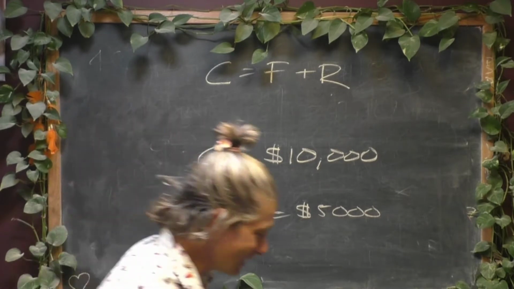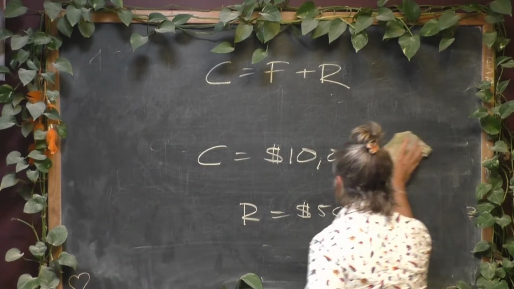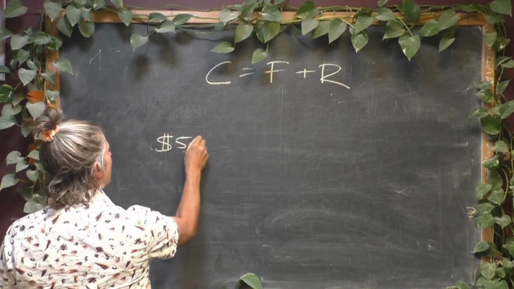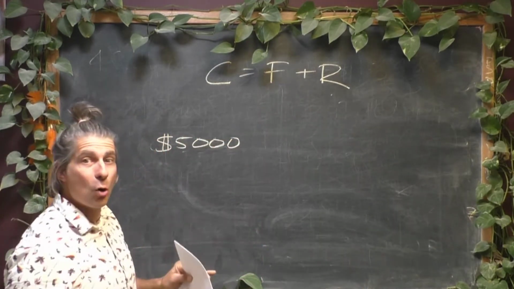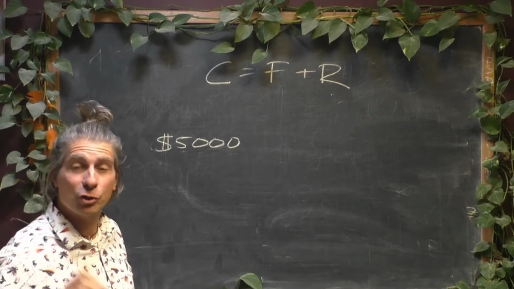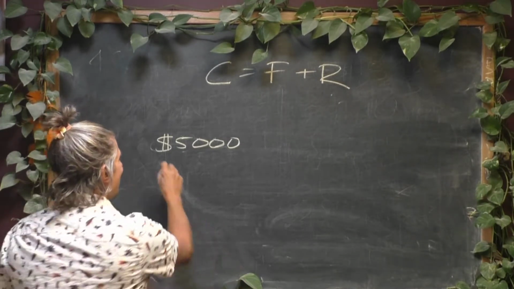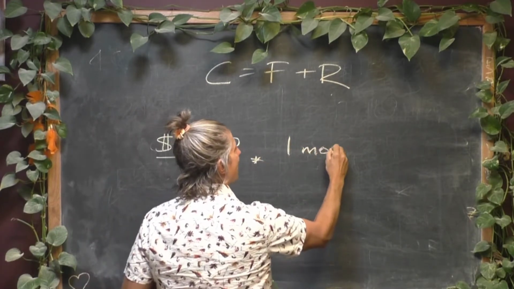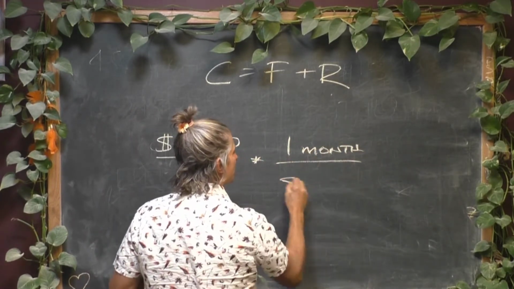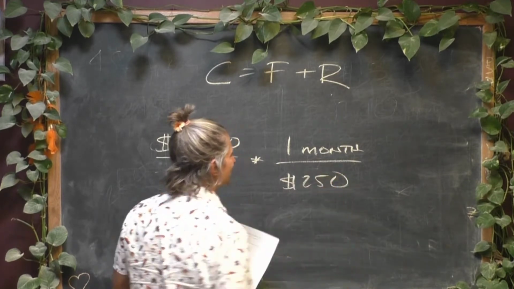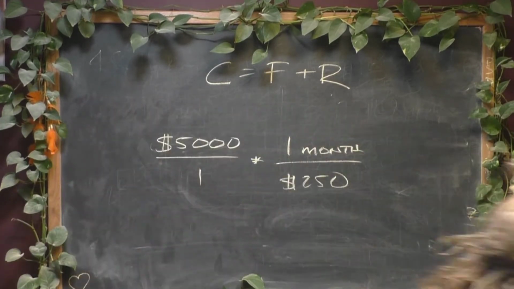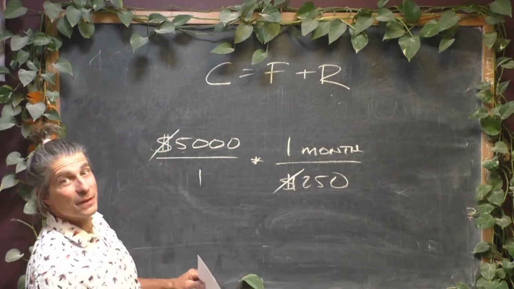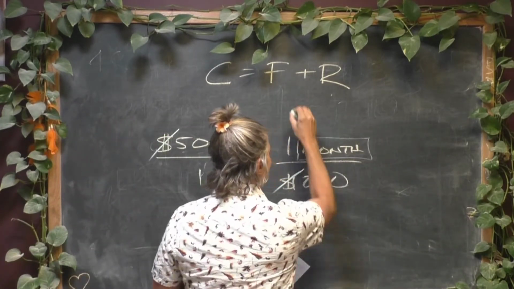So what's fun about this is actually a throwback. If you know the repeated cost is $5,000, and you know that the car costs you $250 a month, this becomes a dimensional analysis problem. 1 month costs $250. And what's so cool about that is you now see the units cancel off, and the unit that you want is right there.